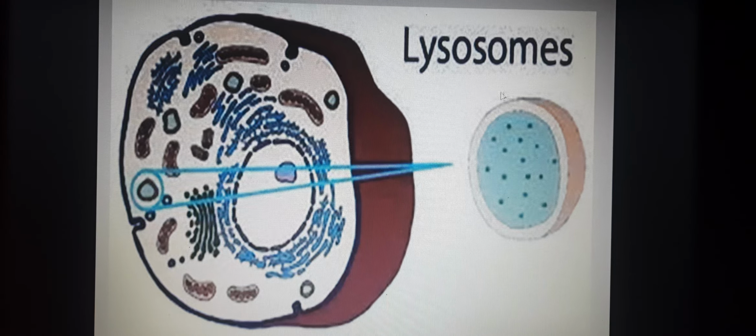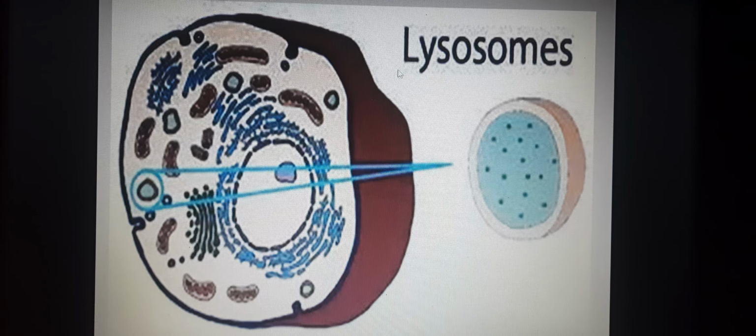So if the walls burst, then the lysoenzymes will come out in the cell and ultimately dissolve the nuclear membrane. Whenever these lysoenzymes come out in the cell, that is in the cytoplasm and protoplasm, then what happens? This nuclear membrane will dissolve and the whole nuclear material will come into the cell, and then the cell will die. If the cell dies, then what happens?